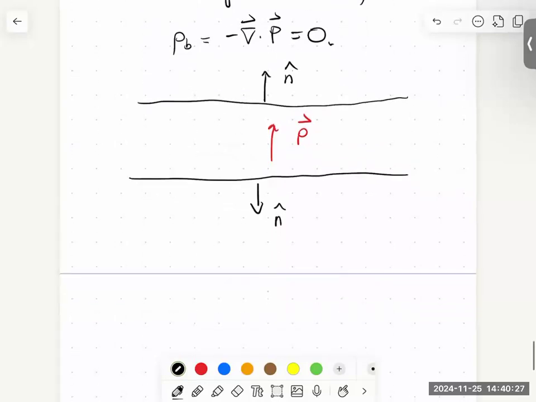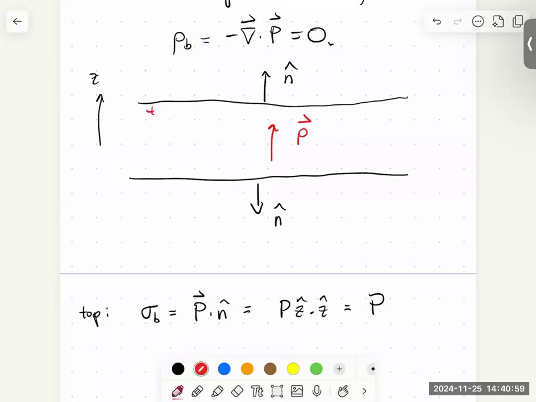And so that means sigma_B, which is P dot n hat. Let's do the top. Well, that's just going to be P times z hat dot z hat, if we call this the z axis. And so at the top, the bound surface charge is just equal to P, the polarization.